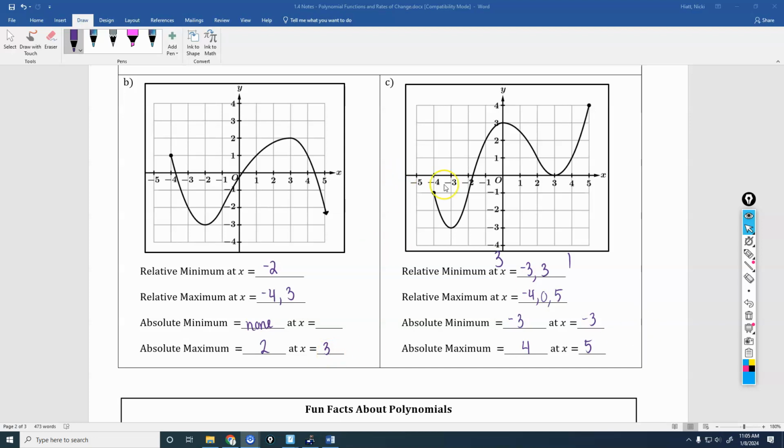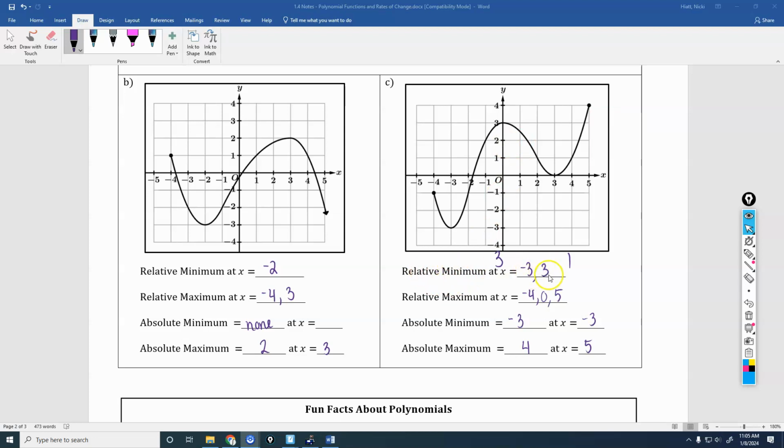And then an important thing to note about this: if you have a continuous function with dots on both ends, you have to have an absolute maximum and absolute minimum because that graph stops. So there has to be a highest point and a lowest point. If there's arrows, that's not the case, but here we have an absolute maximum and absolute minimum.